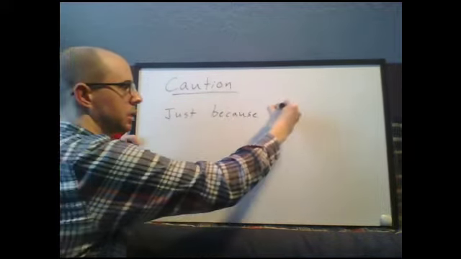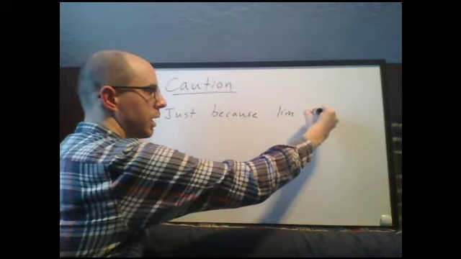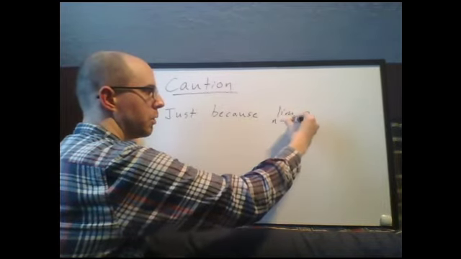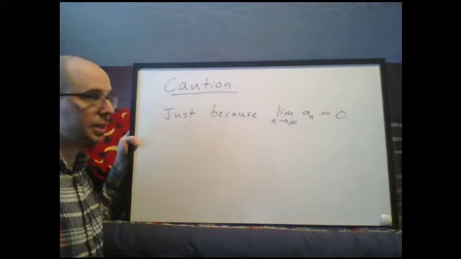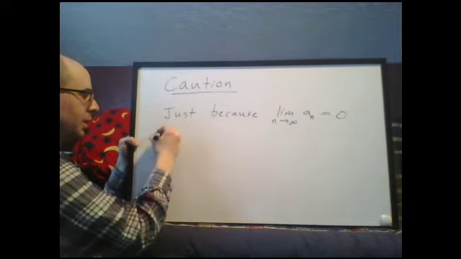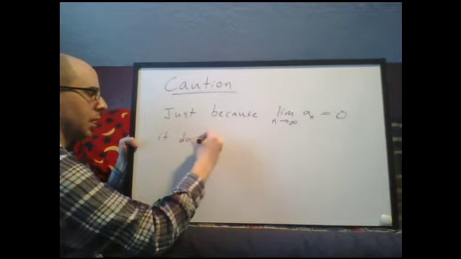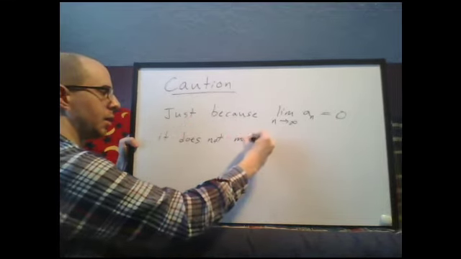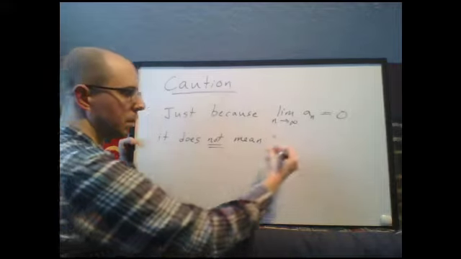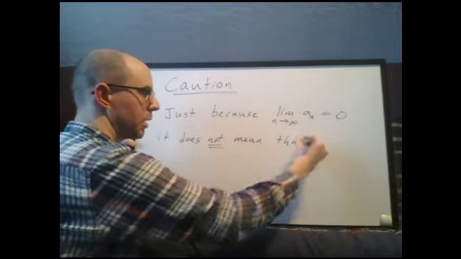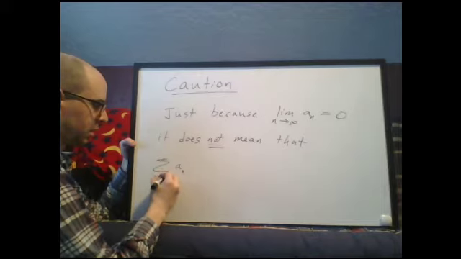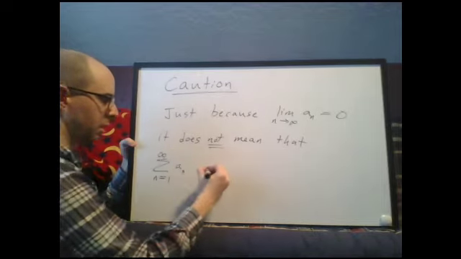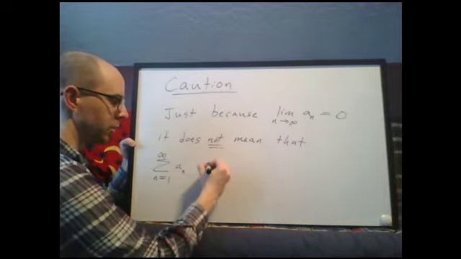Just because the limit of a_n is 0, so suppose I look at the limit of the a_n's and it is 0, it does not mean that the series has to be convergent.